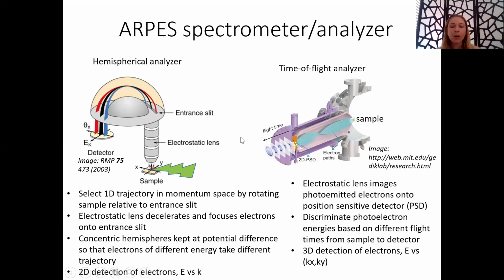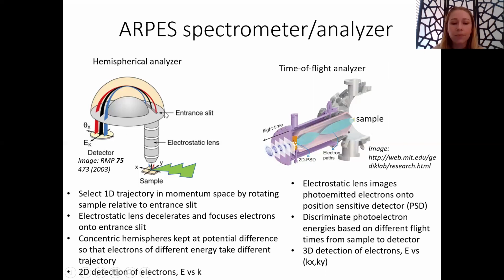However, there is a new-ish, not super new, technology called a deflector, which allows you to collect three-dimensional data by deflecting the trajectory of electrons relative to the slit without moving the sample itself.